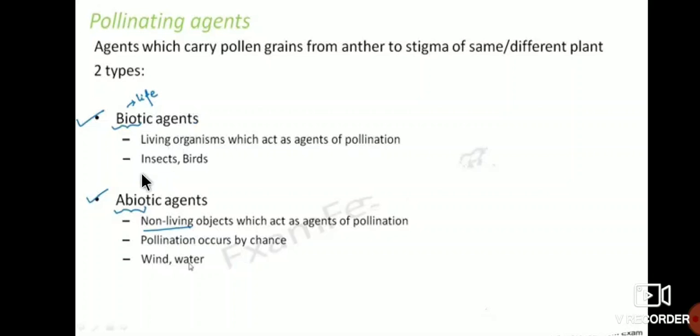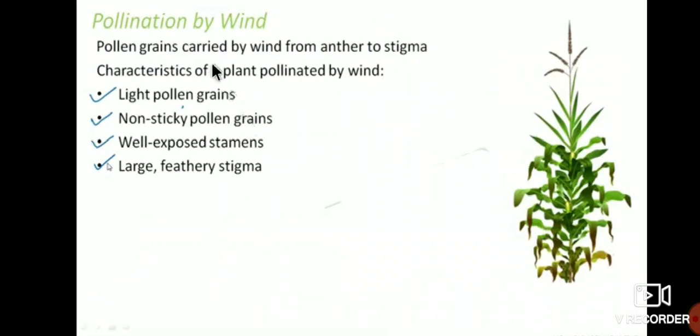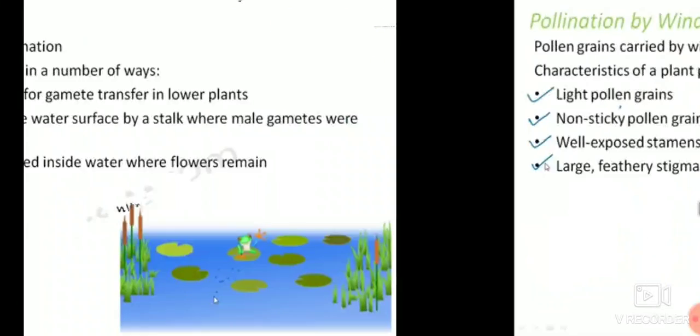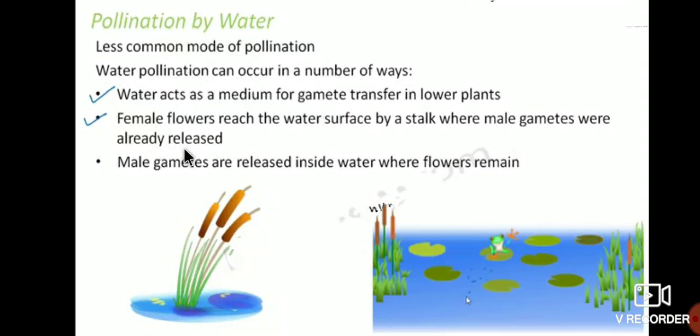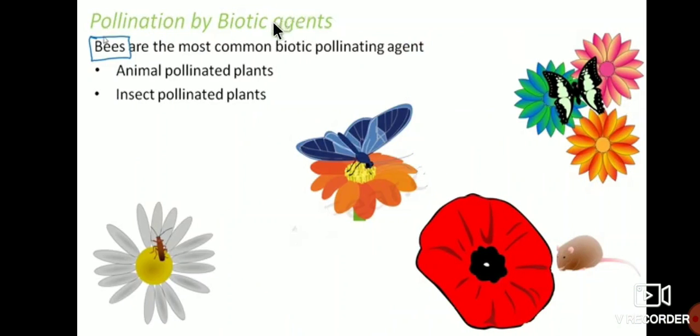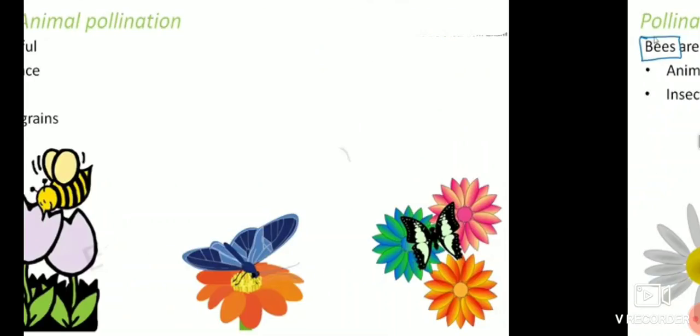Pollinating agents are classified into two types, biotic agents and abiotic agents. Biotic agents are insects and birds. Abiotic agents are wind and water. Next, pollination by wind and pollination by water. And the last one is pollination by biotic agents, that is, animal pollinated plants and insect pollinated plants.